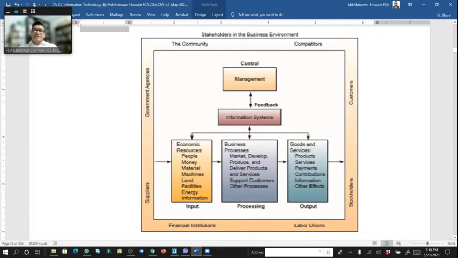So stakeholders are our suppliers, labor union, customers, financial institutions, banks, government agencies, our community, our competitors, all are stakeholders. So here it says the stakeholders in the business environment. This is our business environment, and all are the stakeholders within the business.